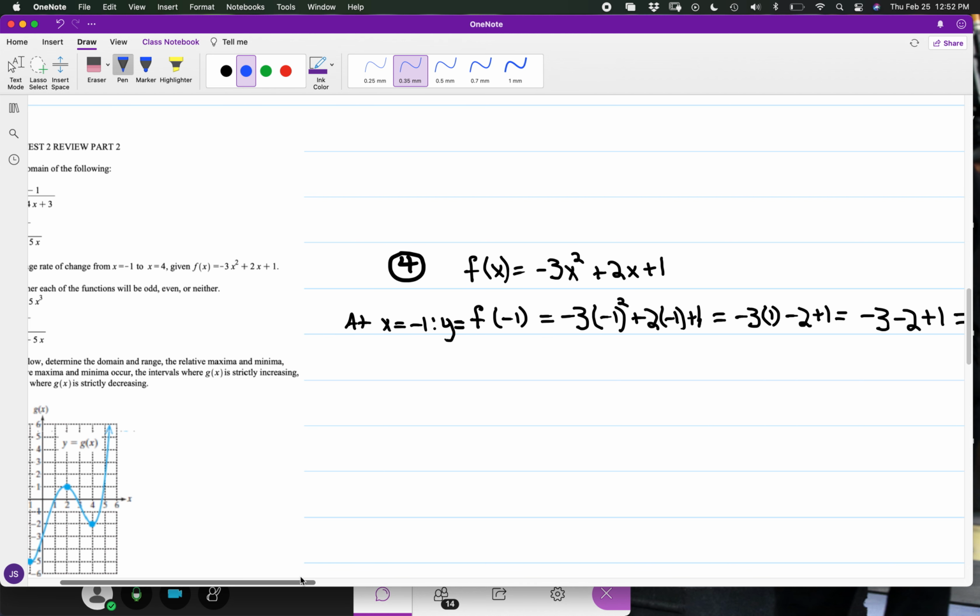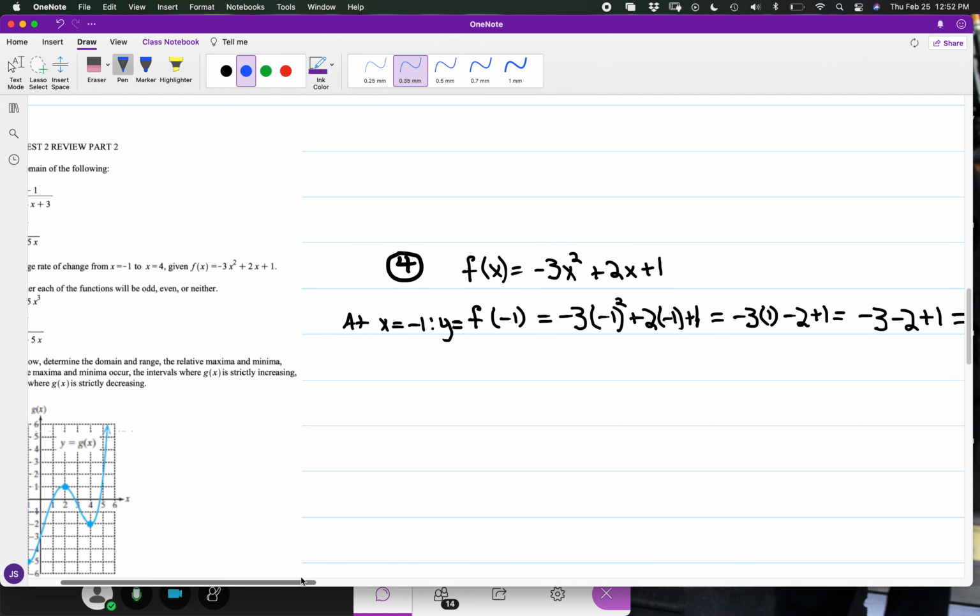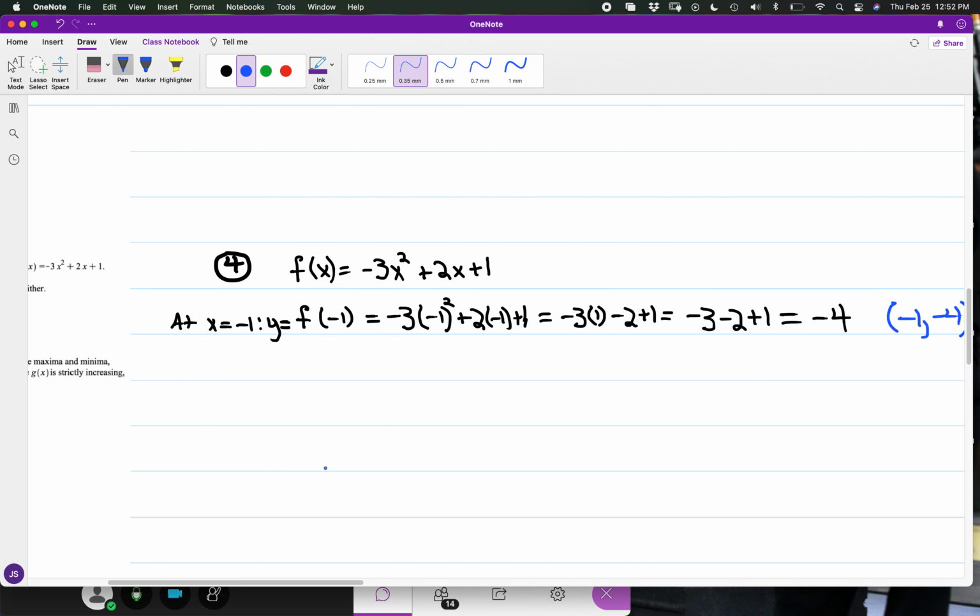For the second point, we're looking at x is equal to 4. So we have y is equal to f of 4.